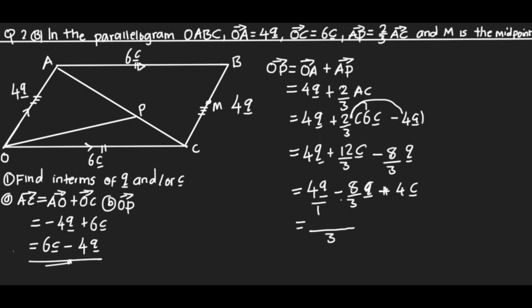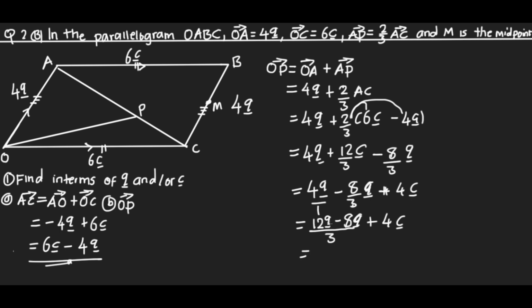Here we are going to cross multiply. So 1 into 3 is 3 times 4q. This will give us 12q minus 3 into 1 is 3, times 8q will give us 8q, plus 4c.